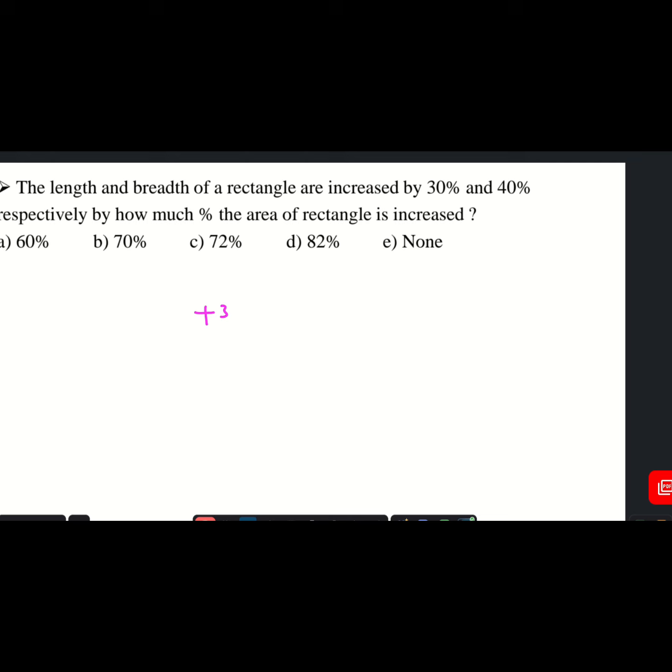So we can write plus 30 plus 40 plus 30 into 40 divided by 100. 3 4s are 12. So 70 plus 12 will be equal to 82 percentage increase. So the final value will be 82 percentage increase.